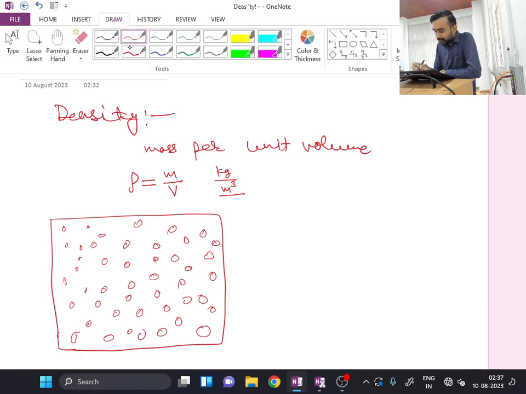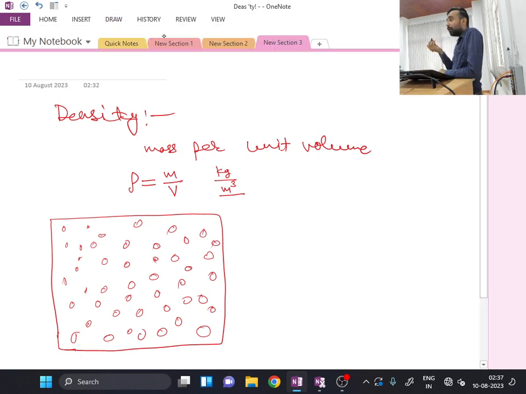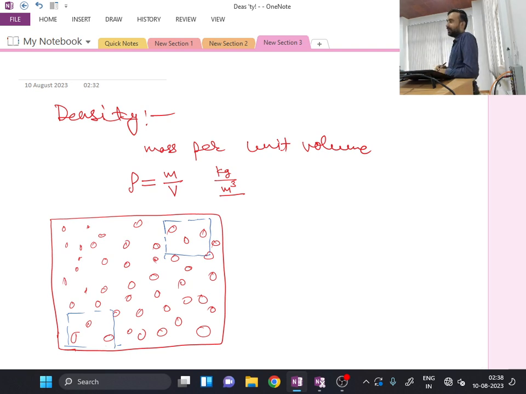So first thing I can do, I can take a control volume which is of size something like this. Then if this size control volume I move to any location, it will almost enclose the same number of molecules within it. So if it is enclosing the same number of molecules, then mass in this particular volume will remain almost the same.